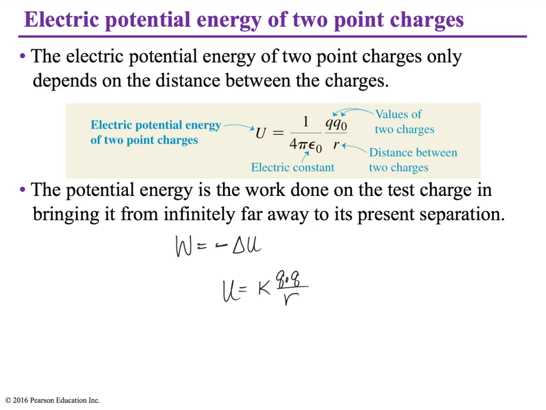It represents the work done on the test charge to bring it from infinitely far away from Q to its present separation. And when we say the work done, we should add the work done by an external force. And let's see why that's true.